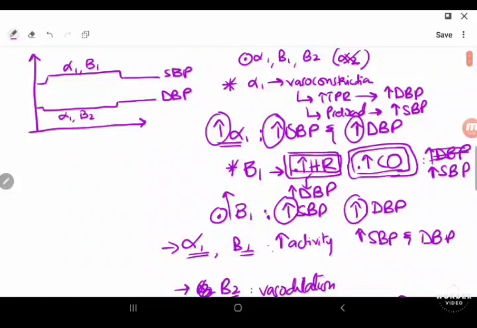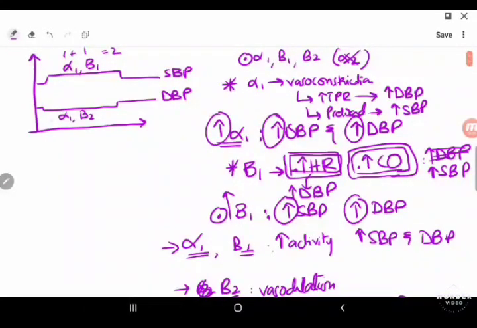Now let's dive down into your graphs. So we said if there's increased alpha 1 activity, there's going to be increased systolic blood pressure. If there's increased beta 1 activity, there's going to be increased systolic blood pressure. So 1 plus 1 is equal to 2. They will both cause an increase. Alright, here is the opposite.